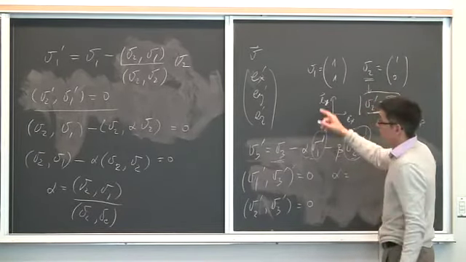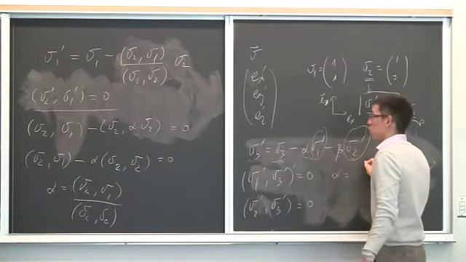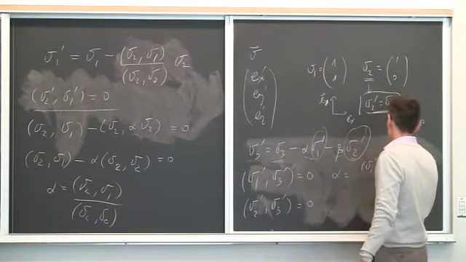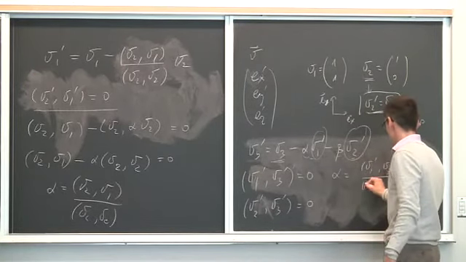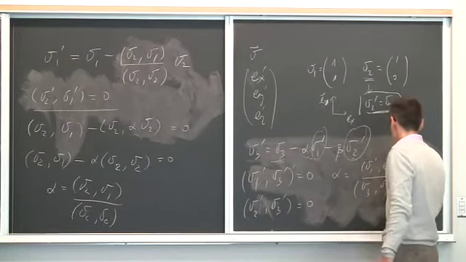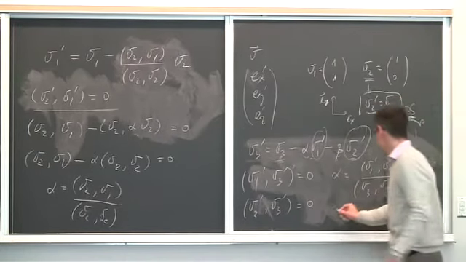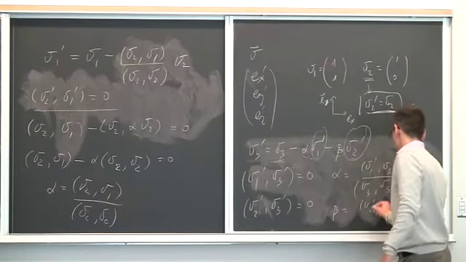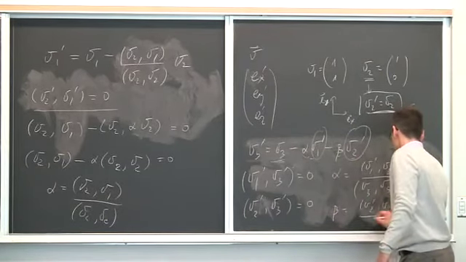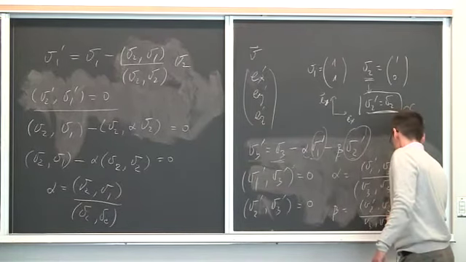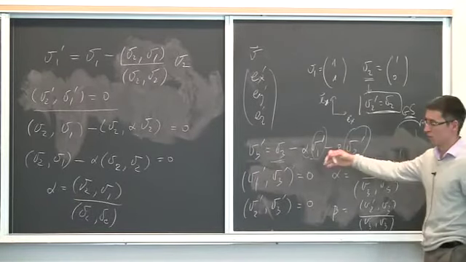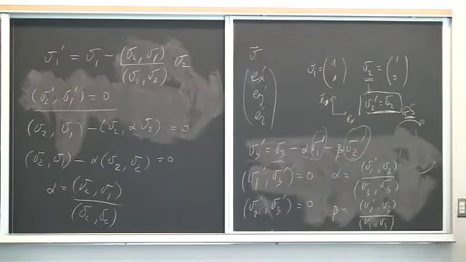Here alpha will be V1 V3 divided by V1 V1, and then beta will be V2 prime V3 divided by V2 prime V2 prime. And so you can go from 3 to 4 to 5 to 6 and so forth, depending on the dimensionality of the space.